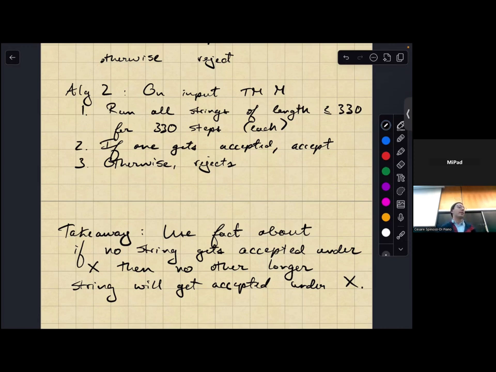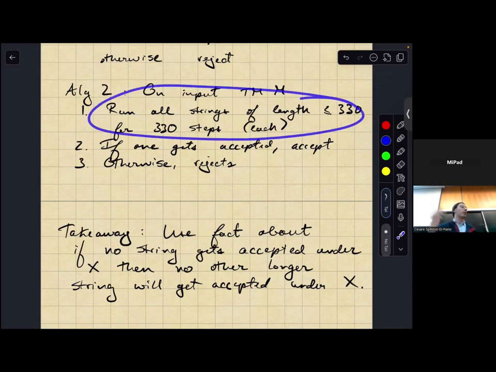It's definitely finite. But depending on sigma, this step is going to take more. If sigma was just A, then you would have to run only on 331 strings, right, because epsilon as well, for 330 steps.